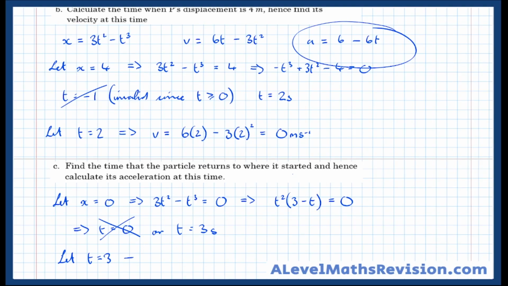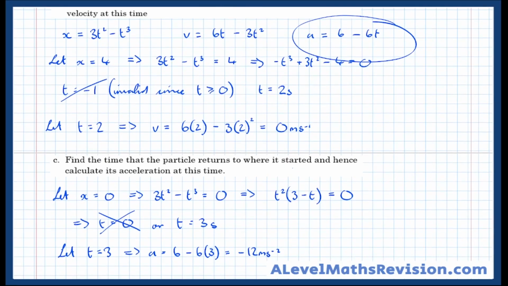Let t equal 3, which means that the acceleration is 6 minus 6 lots of 3 equals minus 12 meters per second squared. And there we have it, the acceleration when t equals 3.